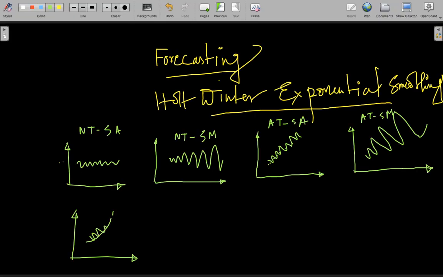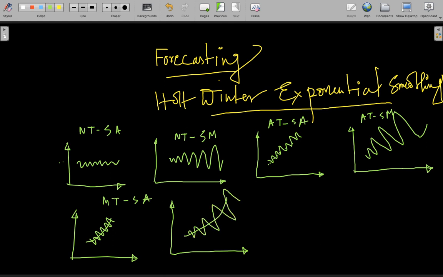So you can have a multiplicative trend and additive seasonality. Then another case is a multiplicative trend and multiplicative seasonality, which we write as MT, seasonality multiplicative. So these are a few cases where you can see seasonality in different forms.